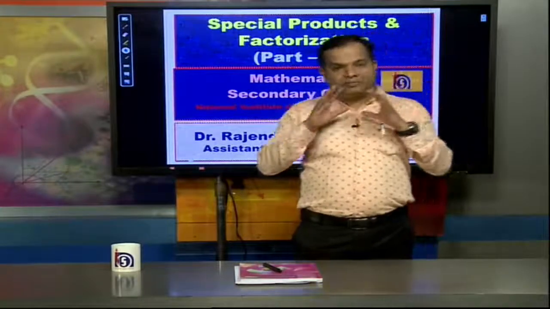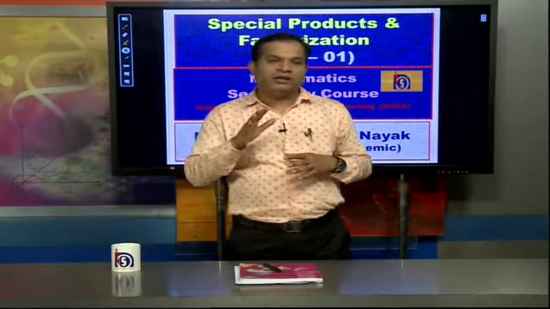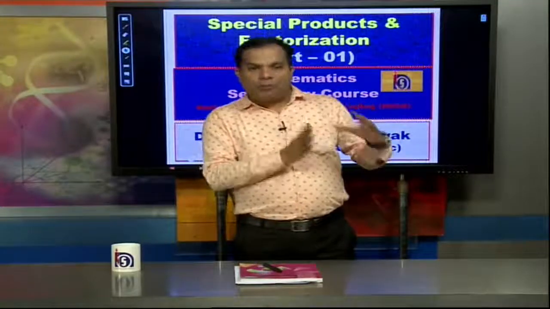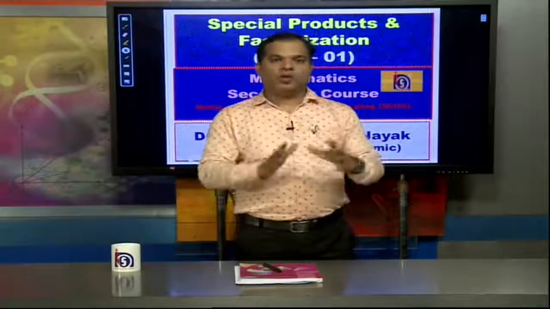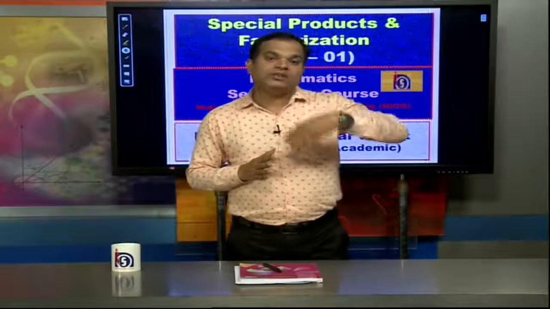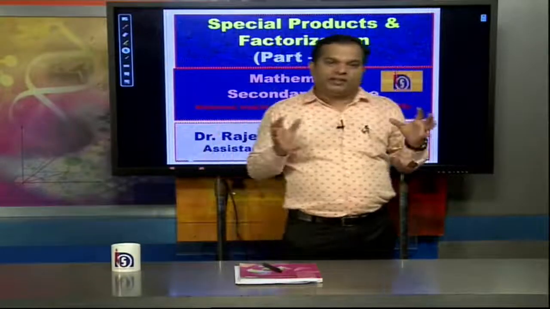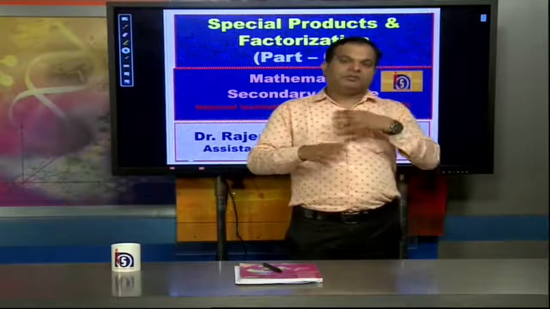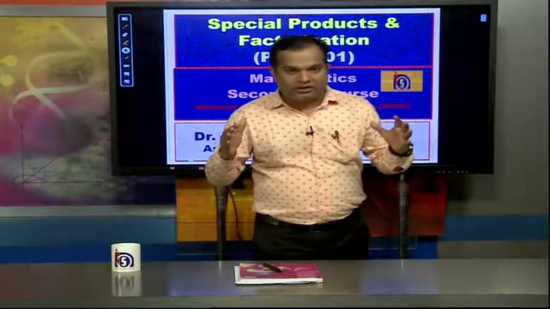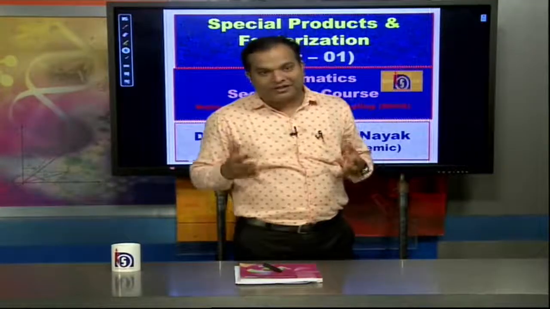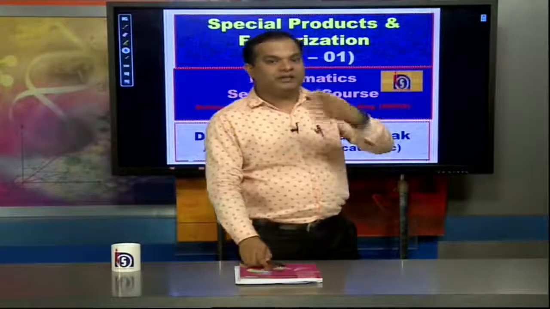With special products, we get the product of two numbers or two polynomials using some techniques or formulas. That is why we call it a special product: getting different products by using different techniques or different formulas. These are known as special products.